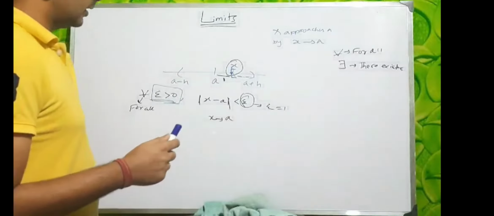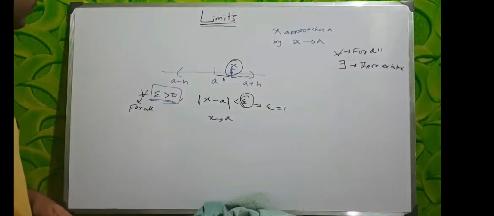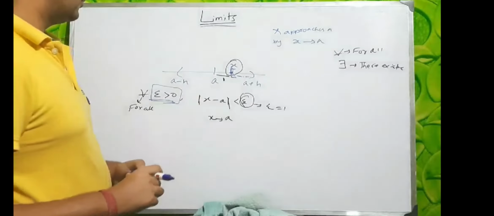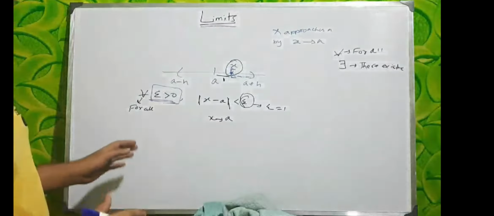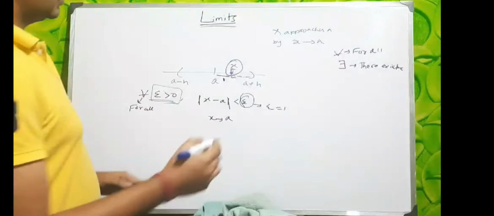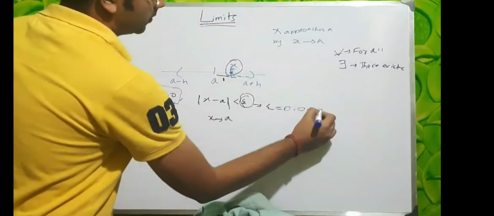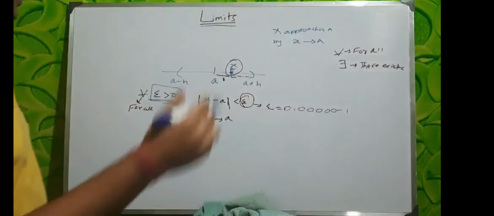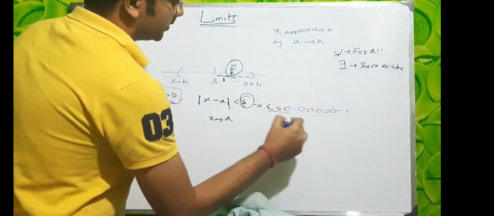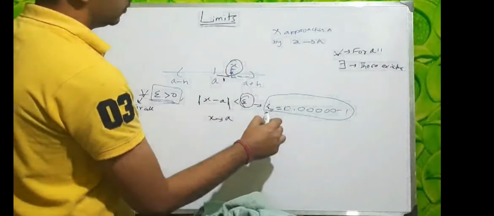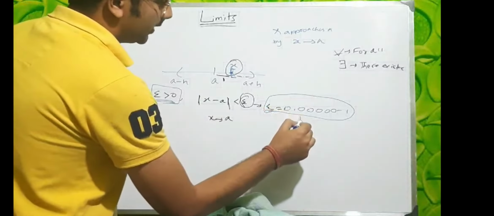To check if x approaches a or not, we have to make epsilon smaller and smaller, very small, like 0.0000. How many zeros can you take? There's no problem in that. You can check with all these values whether x approaches a or not.